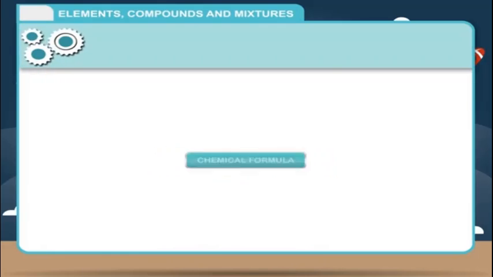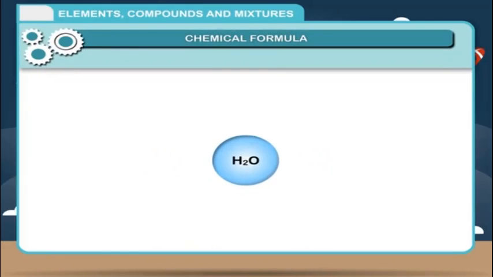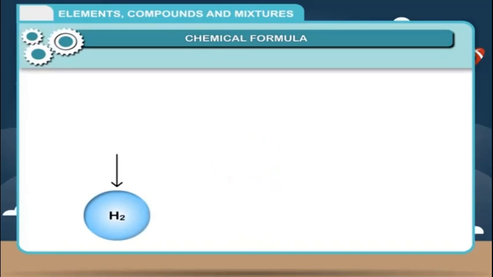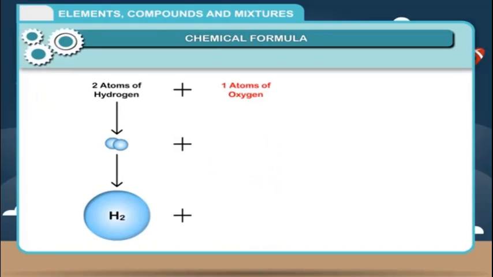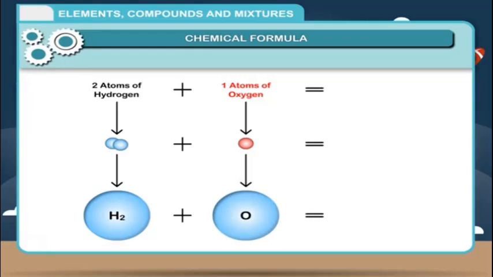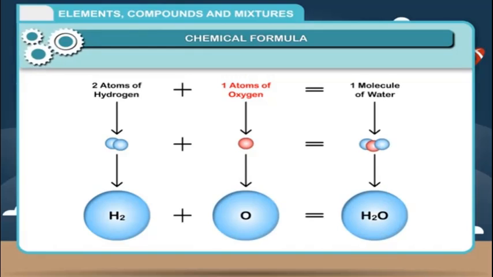Chemical formula. A chemical formula is a symbolic representation of one molecule of a compound, representing the number of atoms of various elements present in it. While writing a chemical formula of a compound, symbol of metal is written first, and then the symbol of the other element present in a compound.